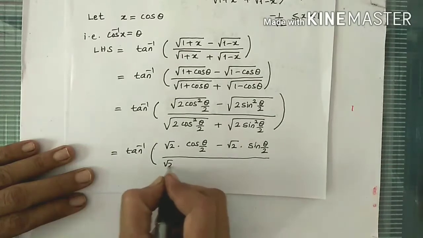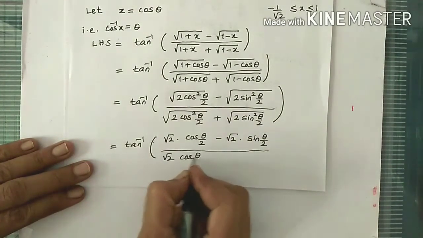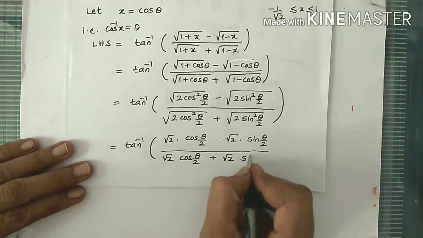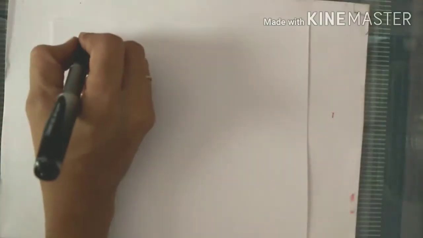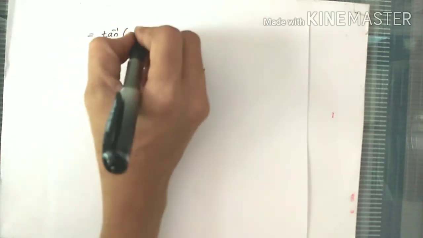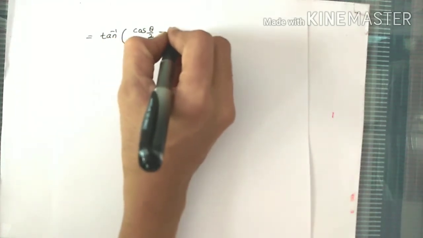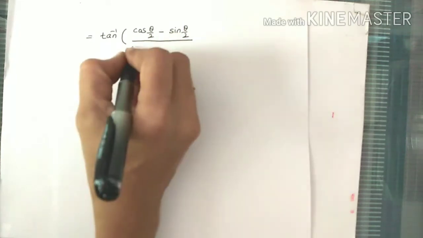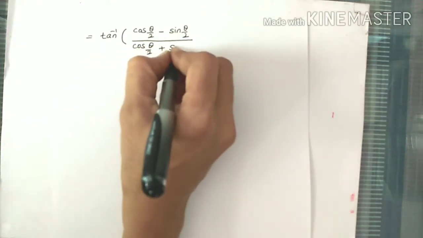In the denominator also we have the same term, root 2 cos of theta by 2 plus root 2 sin of theta by 2, equal to tan inverse of cos of theta by 2 minus sine of theta by 2 divided by cos of theta by 2 plus sine of theta by 2.